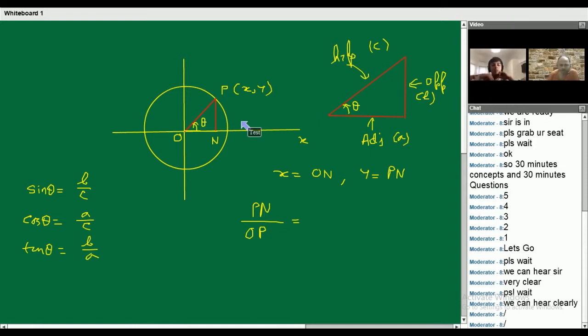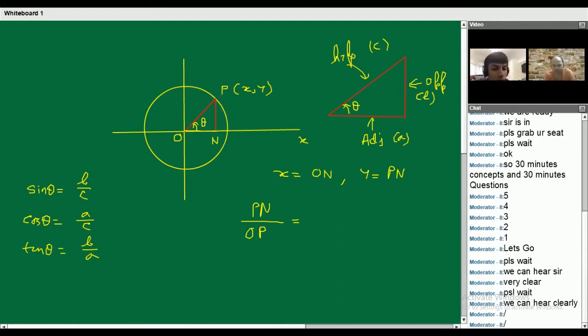So in this triangle, PN over OP, it represents which trigonometric ratio? Again, PN and this one is OP. Take your time and attentively see this figure.